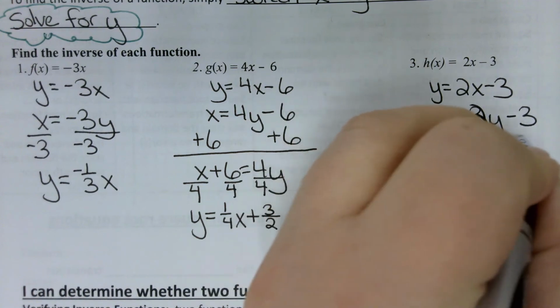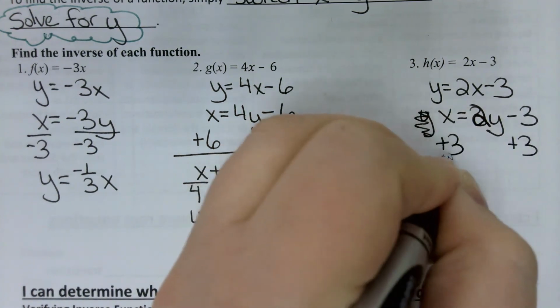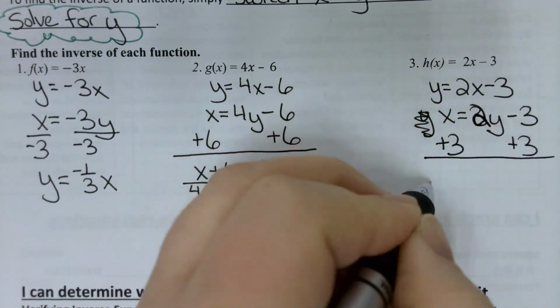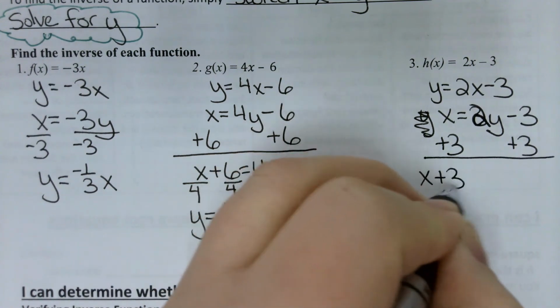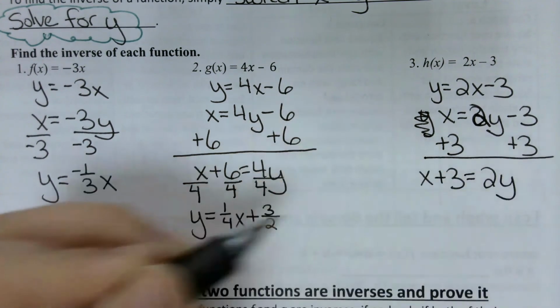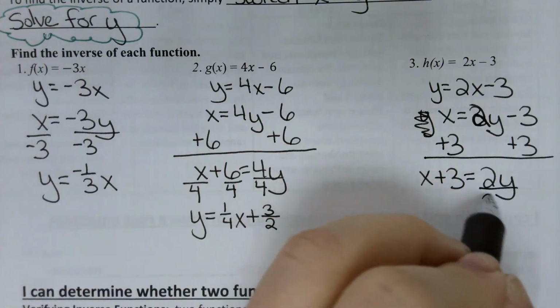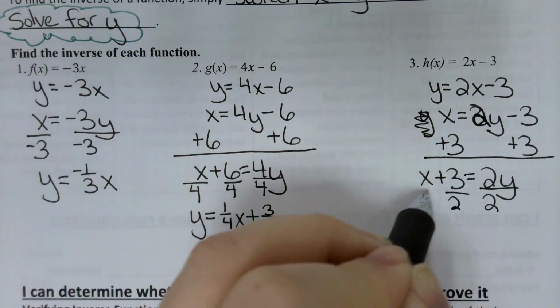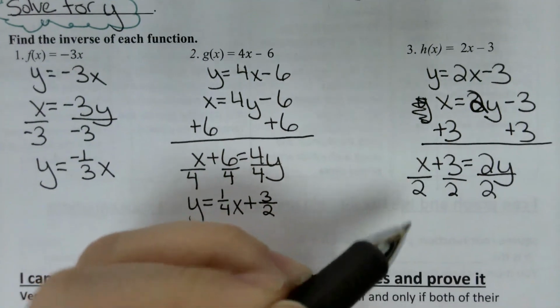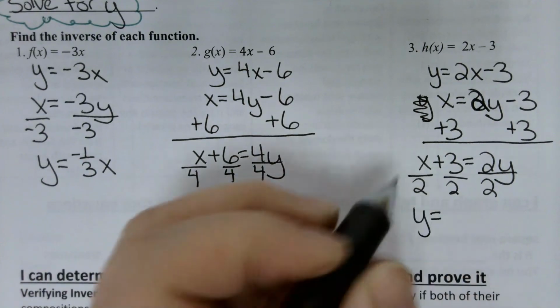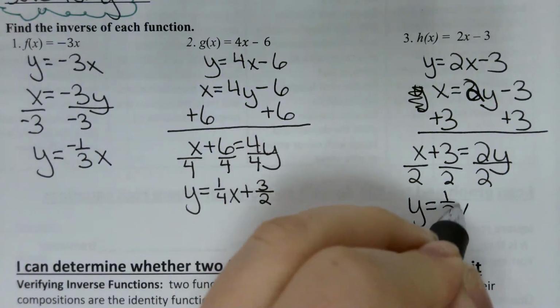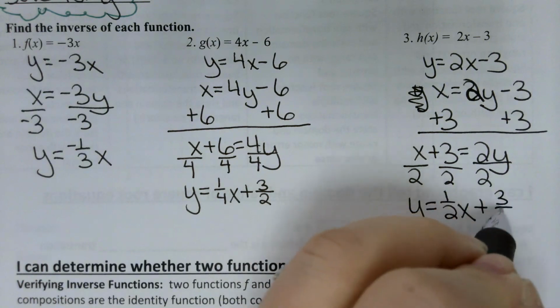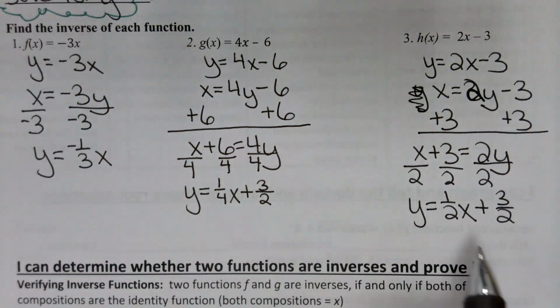So we'll add 3 to both sides, which gives us x plus 3 equals 2y. Then we'll divide by 2 on both sides, and that will give us y equals 1/2 x plus 3 halves. And that's the inverse.